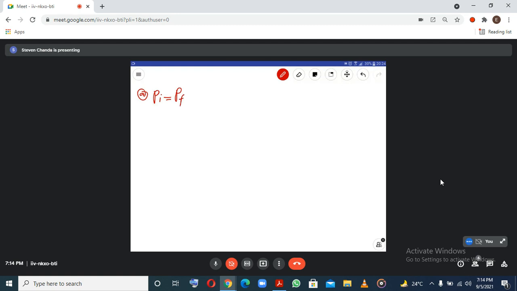Between the two people, who was moving in the initial phase? Remember, the quarterback was stationary. It was the defensive lineman. So for the defensive lineman, we are going to designate his mass with a capital M, like they put it in the question. Then for the quarterback, we use a lowercase m.